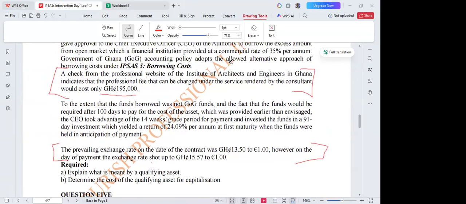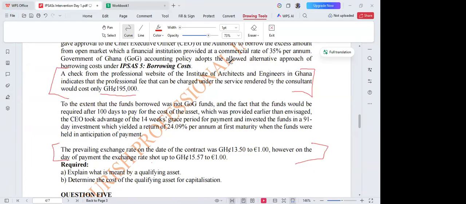Okay, so for me, what I understand is we use the 15.57 to €1. Why? Because in order to determine the cost of the asset, is when the asset has been completed, right? The payment is made after the asset has been completed or at the reporting date.